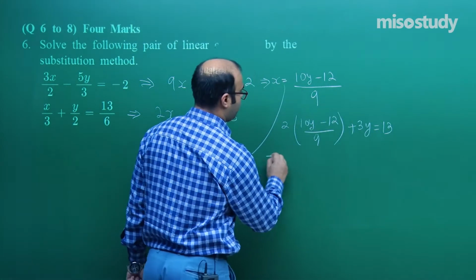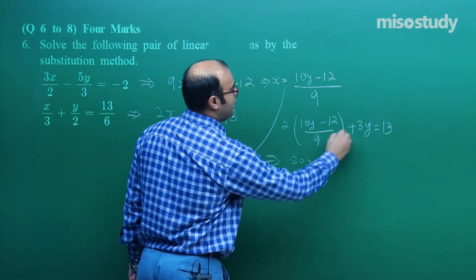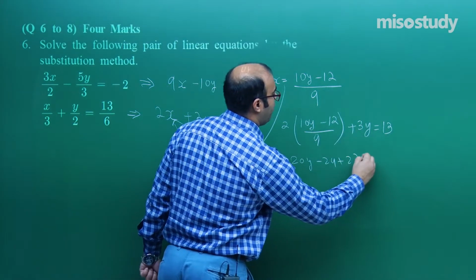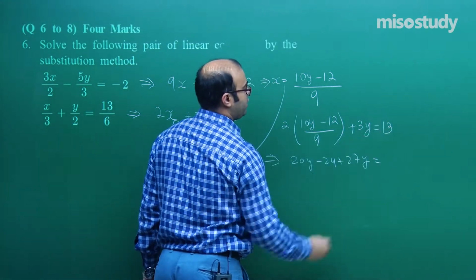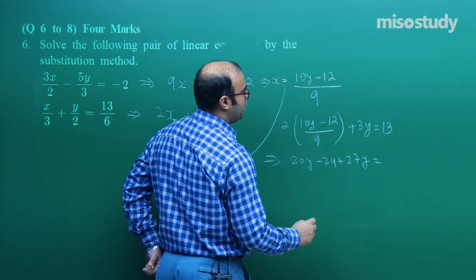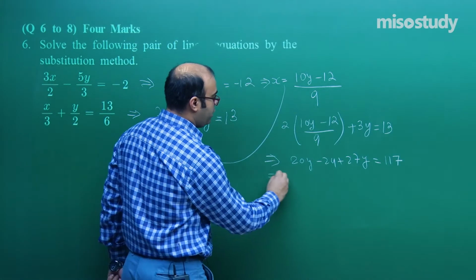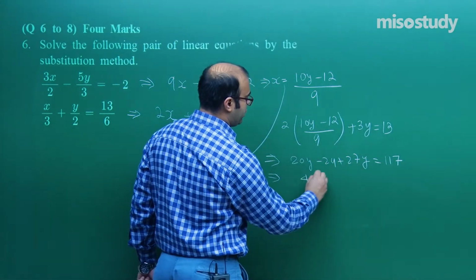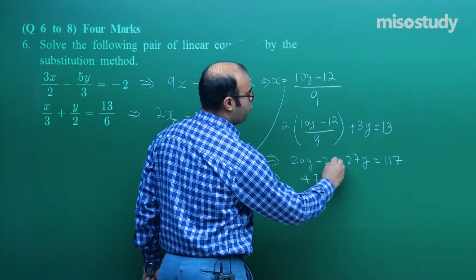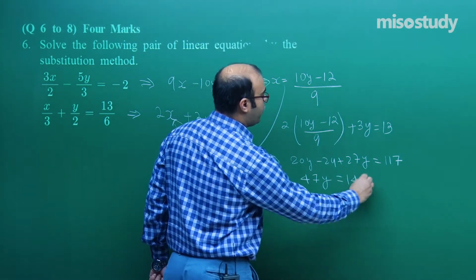So now we are going to solve this. This will give you 20y minus 24. Let us take LCM, this will be 27y, and 9 goes there, this will be 13 into 9, that would be 130 minus 13, that would be 117. Okay students, so this will become 27 plus 20, 47y is equal to 24 plus 117, that will be 141.